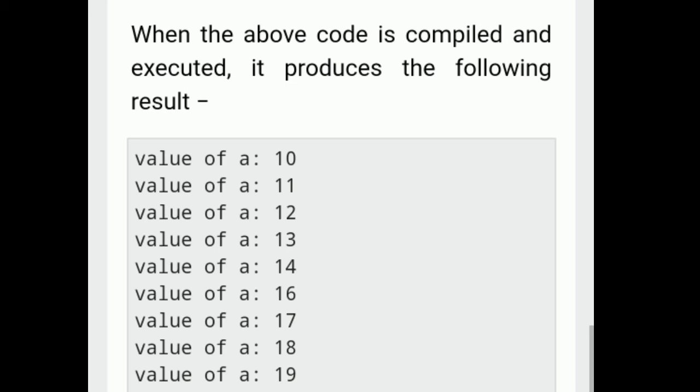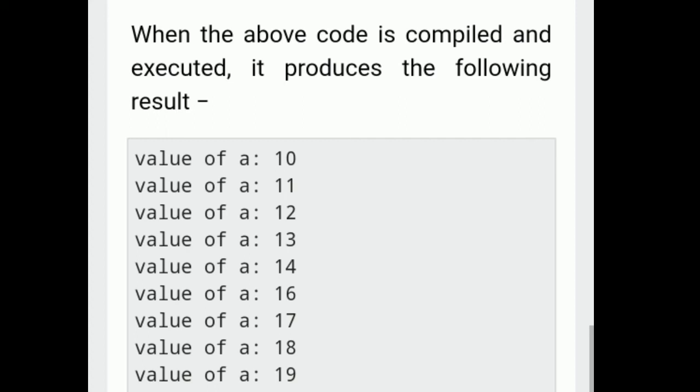Again the statement a plus plus, 19 plus 1 is equal to 20, while a less than 20, 20 less than 20, it is stopping the loop. This way the program is executed. This way the continue and loop statements are executed.